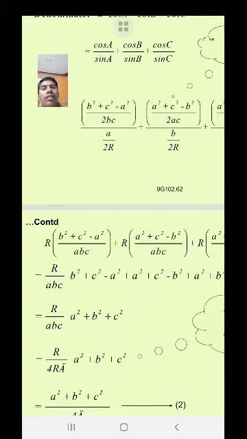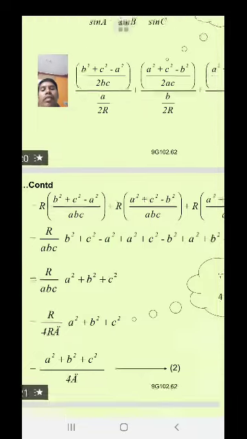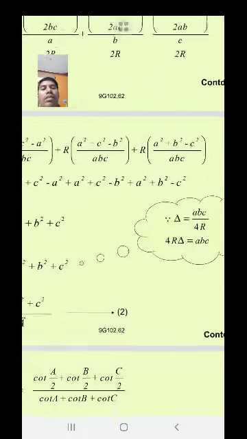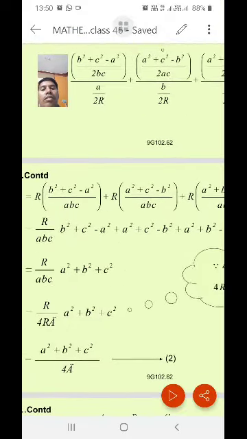So this r/abc is common in the three terms. Take r/abc common from the three terms, and we have r/abc of (b² + c² − a² + a² + c² − b² + a² + b² − c²), and bracket close.